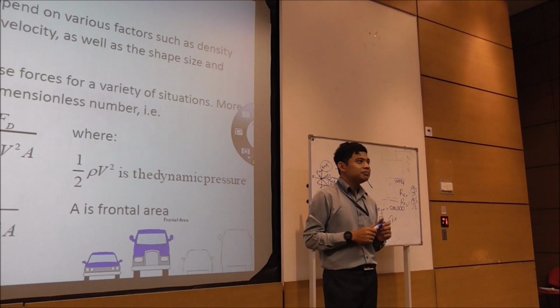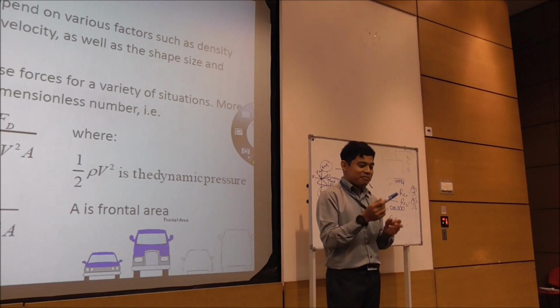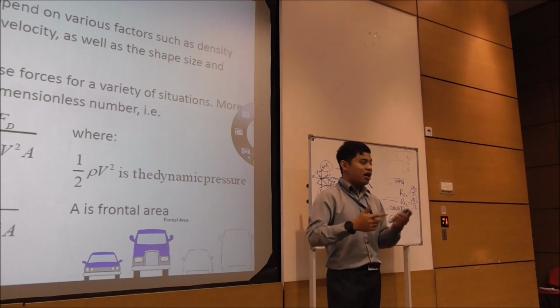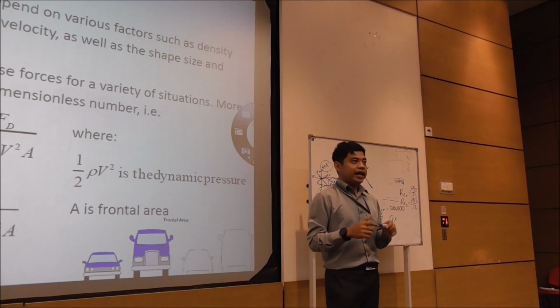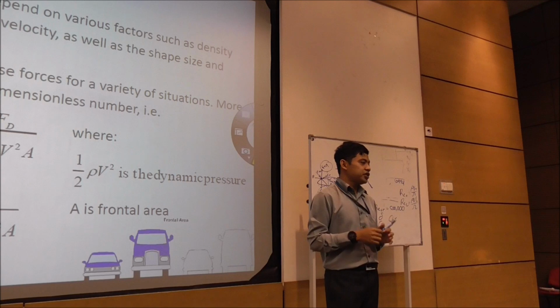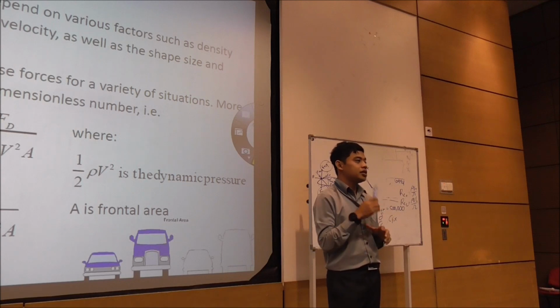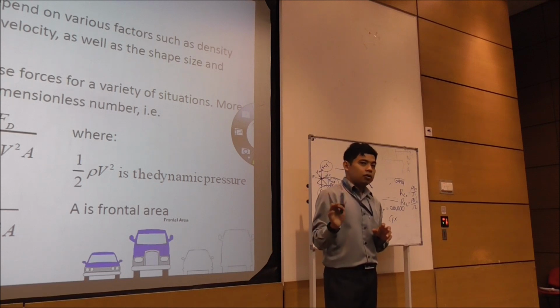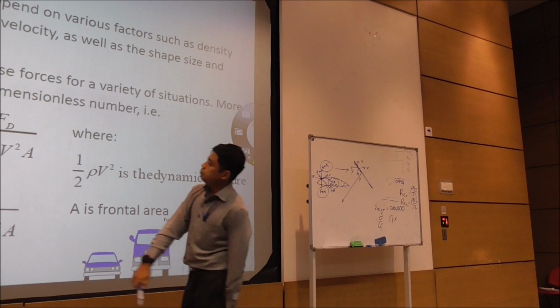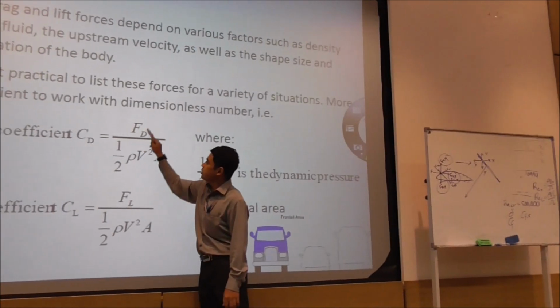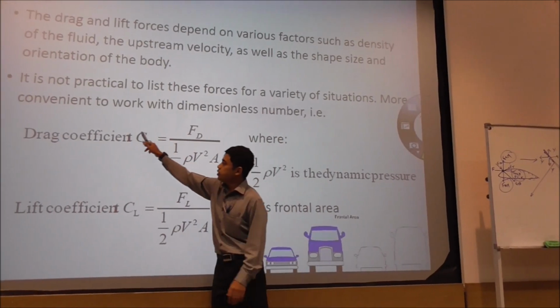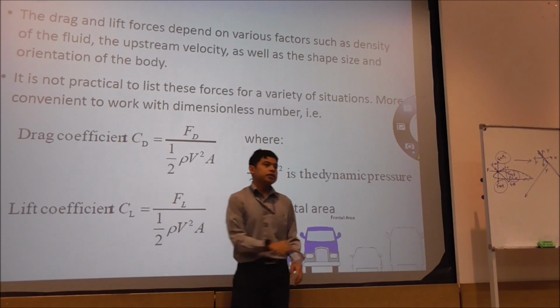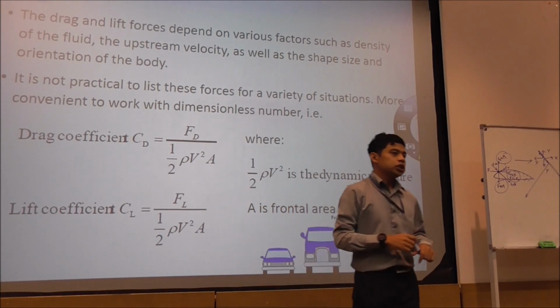No, right? But at that time, I still remember when the first Beza was launched, they said that it has the lowest drag coefficient in Malaysia, which is 0.32. So, rather than present it in terms of drag force, you need to present it in terms of the drag coefficient.